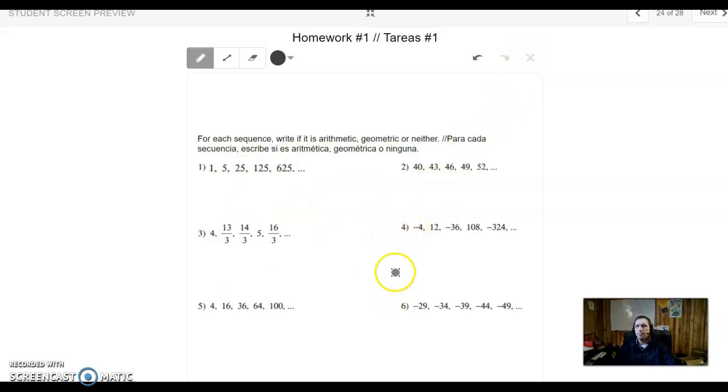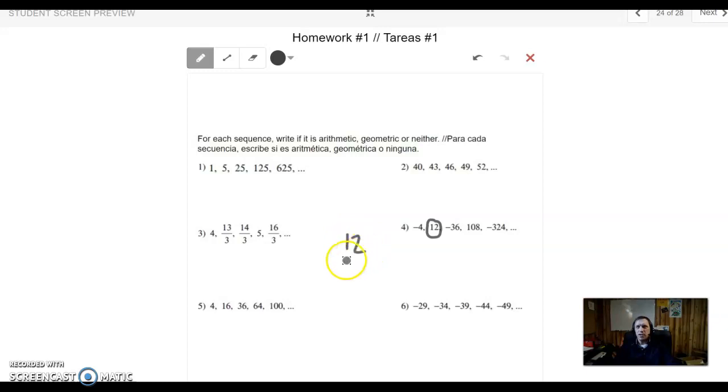Let's look at 4. Negative 4 to 12, 12 to 36, 36 to 108. I can see I'm not adding or subtracting the same thing because it's bouncing back and forth between negative and positive. So right away I know it is not arithmetic. To see if it's geometric, let's test a couple of these. Negative 4 times something is 12?